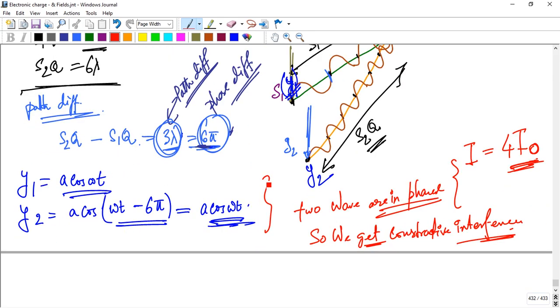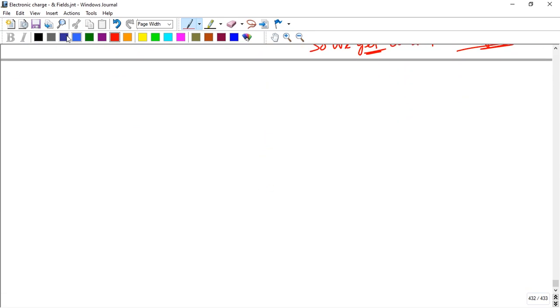Now we discuss destructive interference, which looks like this. We have the two sources, the two needles: here is S1, and here is the other, S2.